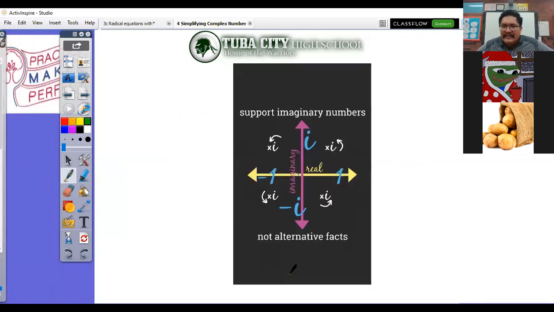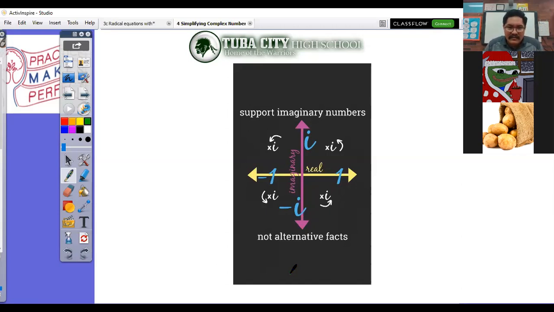Now this part is a little bit easier to remember. If you remember, complex numbers have a real side and an imaginary side. So when we graph it, the real side is the horizontal axis, the left and right axis.